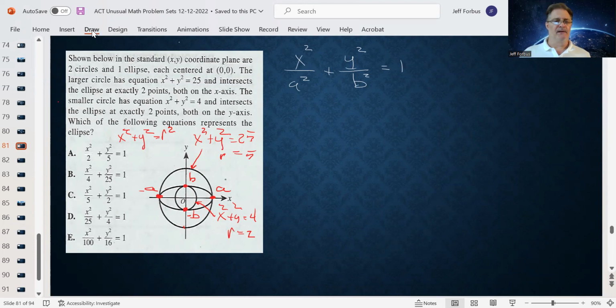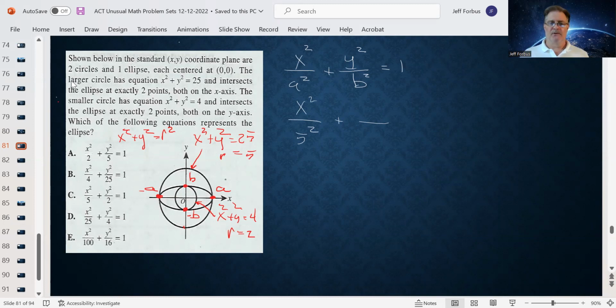Let's take what we've got here and put into our formula. Now we know the radius for the large circle is 5. And therefore that intersects the ellipse at point A. So A is 5 squared. Now, the ellipse intersects the small circle at a radius here of 2.